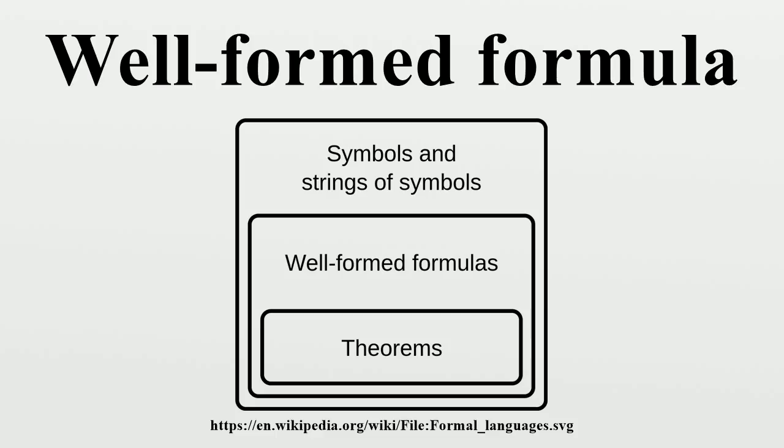Atomic and open formulas. An atomic formula is a formula that contains no logical connectives nor quantifiers, or equivalently a formula that has no strict subformulas. The precise form of atomic formulas depends on the formal system under consideration. For propositional logic, for example, the atomic formulas are the propositional variables.